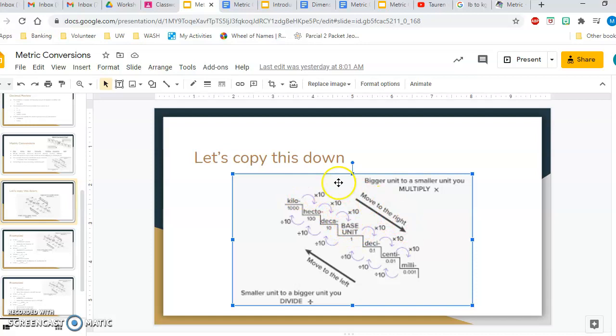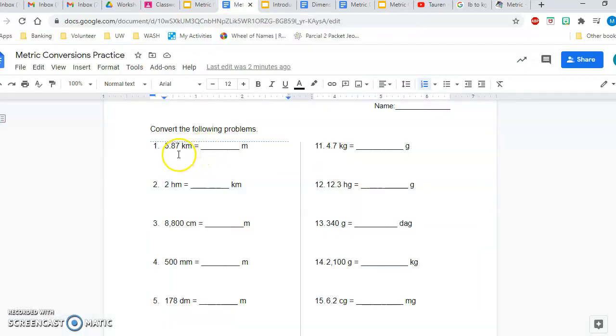If we're moving to the right, going down the staircase, we go down how many steps? 1, 2, 3. For every step, we're going to multiply by 10. So we multiply by 10, multiply by 10, and multiply by 10.